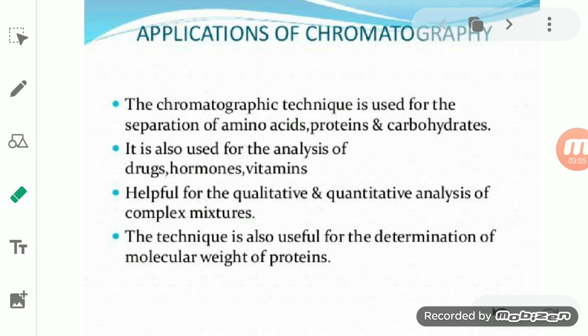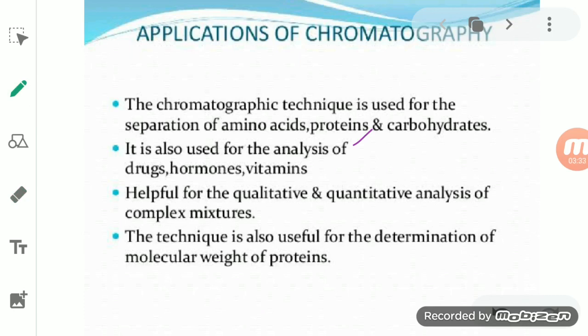Now we will start with the applications of chromatography. Where can we apply this process? You see here, children, the chromatographic technique is used for separation of amino acids, proteins, and carbohydrates.